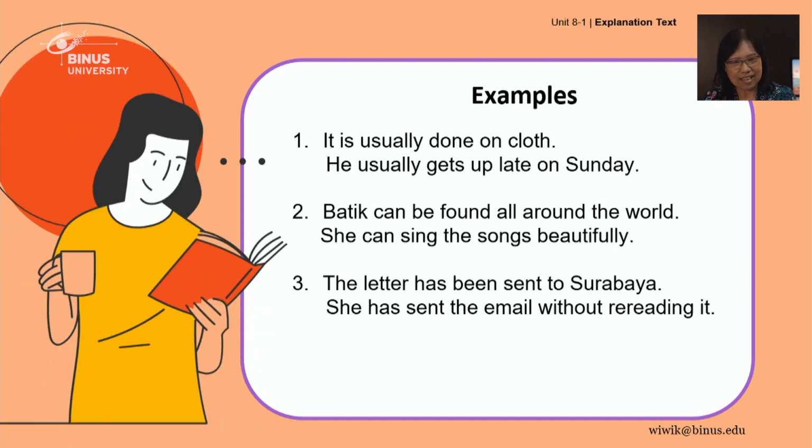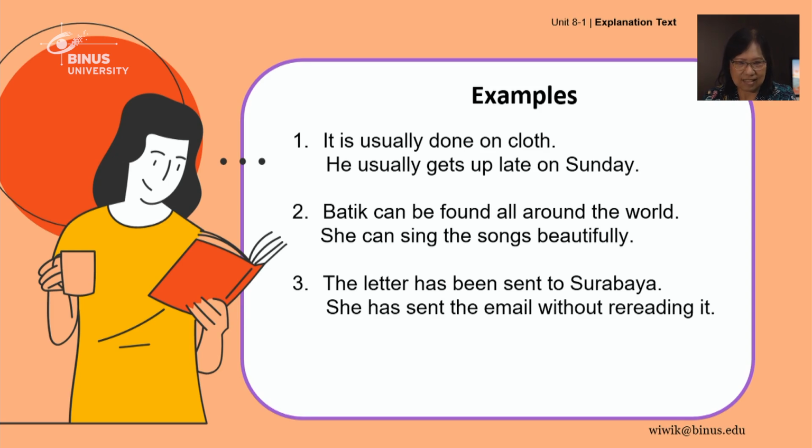Okay, now look at the examples. Please tell me which one is passive and which one is active. Number one, we have two sentences. It is usually done on cloth. So batik is usually done on cloth.